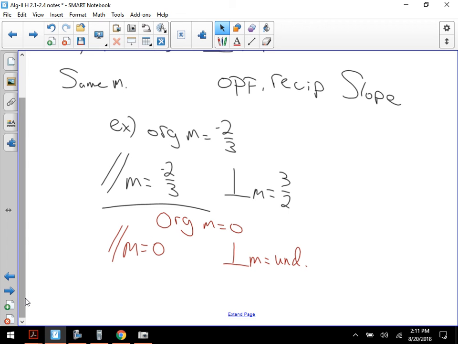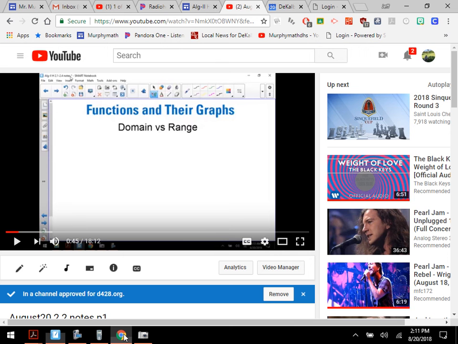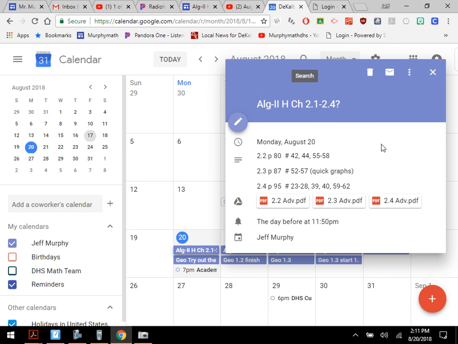On the calendar, and I need to edit this now before we get too far, I told this to first hour. All I want you to do is just the 2.2 stuff. Those 6 problems, 3, 5, 6, 7, 8. That's all I want you to do tonight. We obviously do not have time to get into the rest of it.